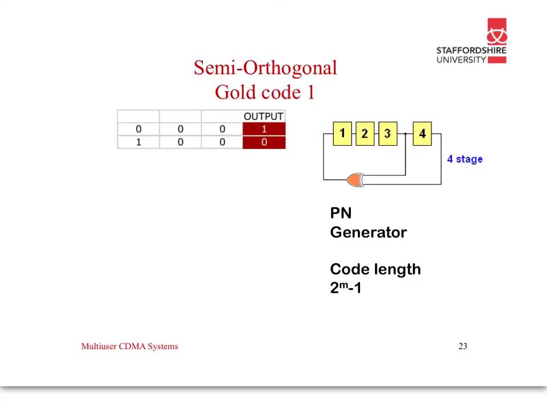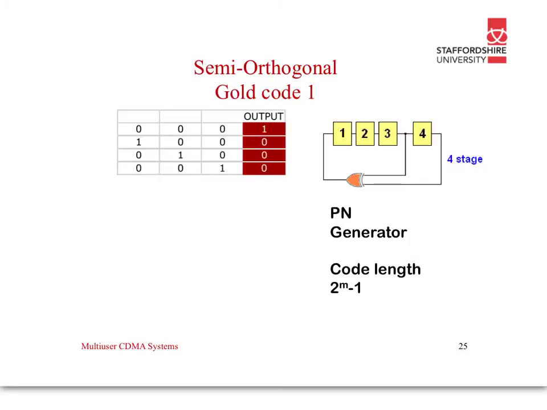Now we have a 0 and a 0 here, so the output is going to be 0, and the rest are shifted, giving 0, 1, 0, 0. Then we have 2 zeros still on the input, so we have another 0, and the next line is 0, 0, 1, 0.